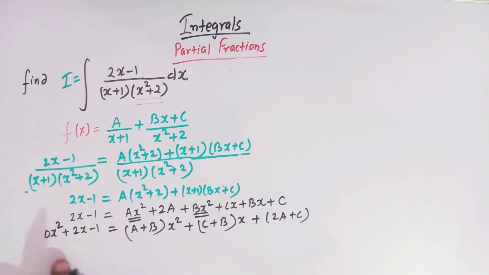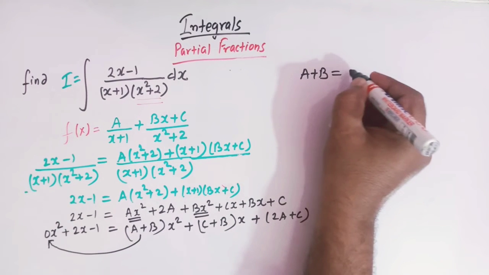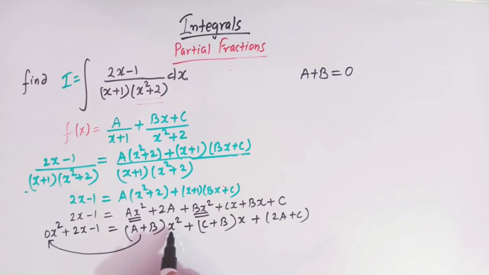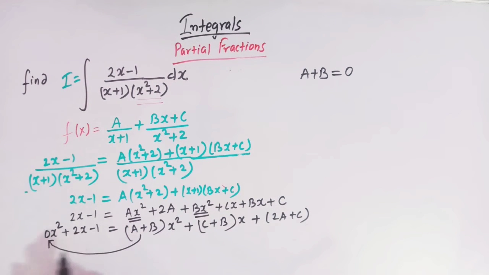So now if we compare both these sides, then see a plus b is equal to 0, right? So we have a plus b is equal to 0, that is the coefficient of x square. We have equated the coefficient of x square on both sides. Similarly, c plus b is equal to 2, right?